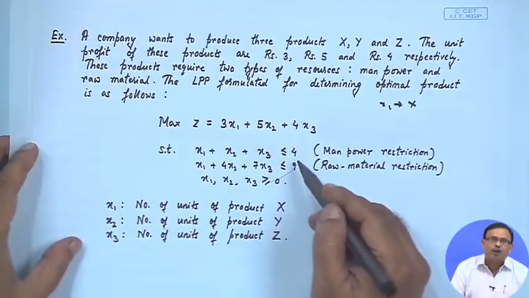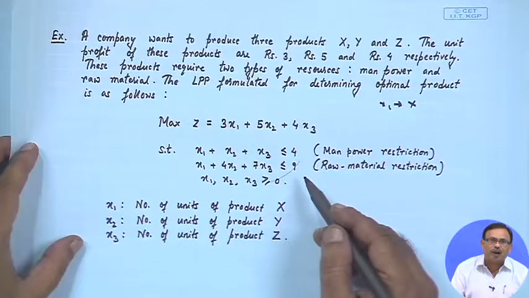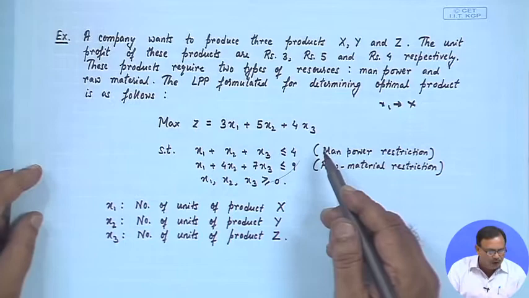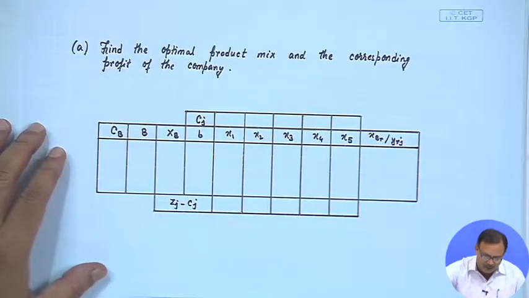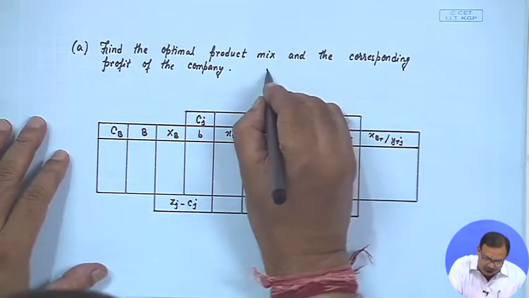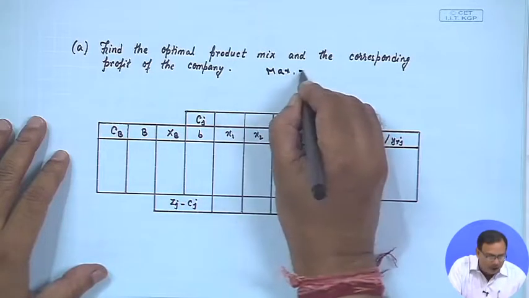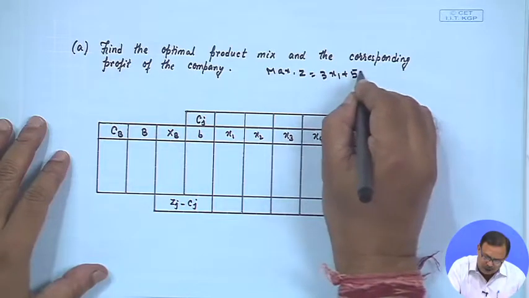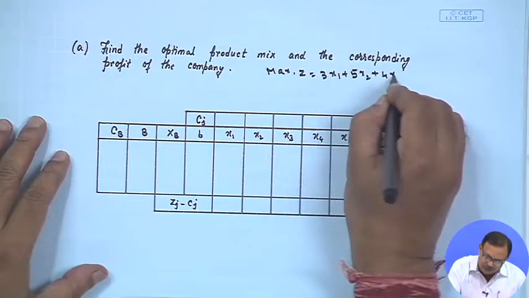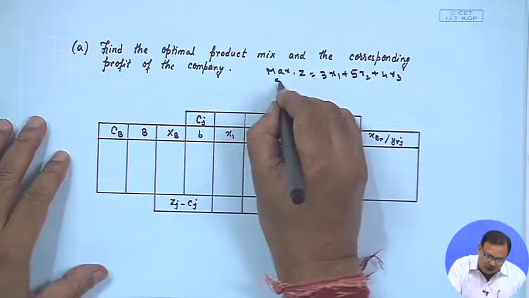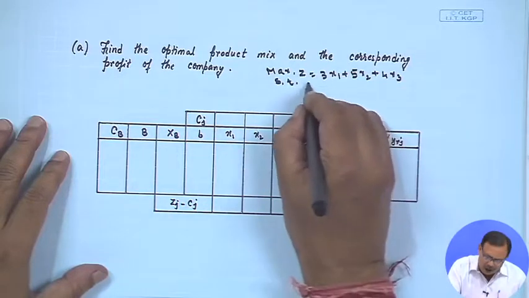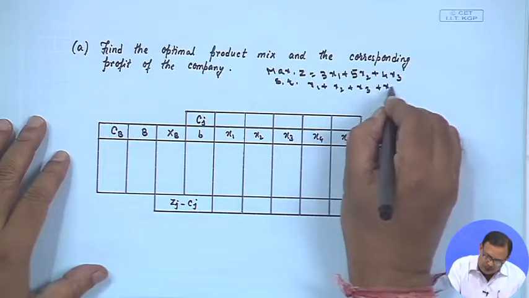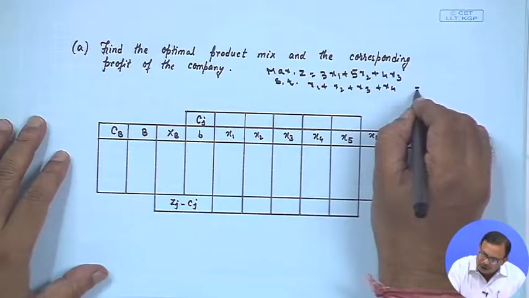We have 2 less than equals constraints. So, whenever I try to write it in the standard form, I have to add 2 slack variables over here, x4 and x5. So, your problem is maximize z equals 3x1 plus 5x2 plus 4x3 subject to x1 plus x2 plus x3 plus x4 equals 4.